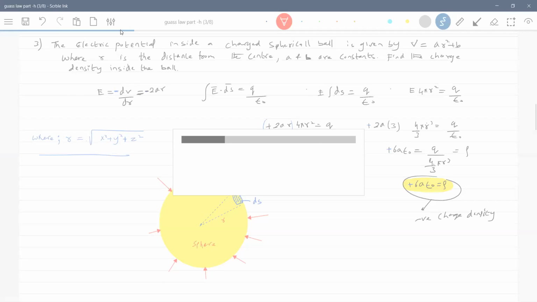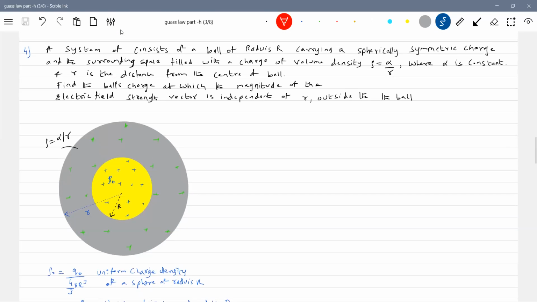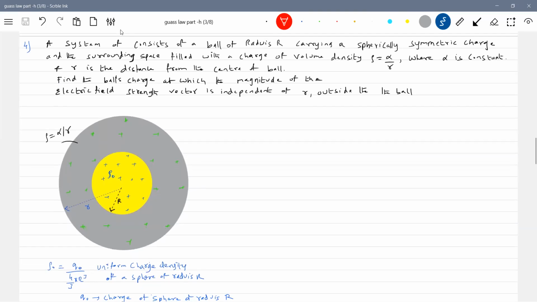Okay. After this, we'll take the next one. This is a very good problem I just picked up. A system consists of a ball of radius r carrying a spherically symmetric charge, and the surrounding space is filled with a charge of volume density rho equal to alpha by r, where alpha is a constant and r is the distance measured from the center of the ball.